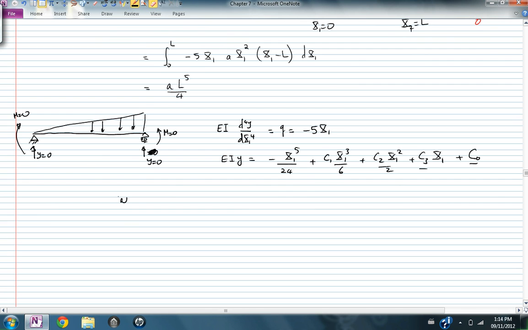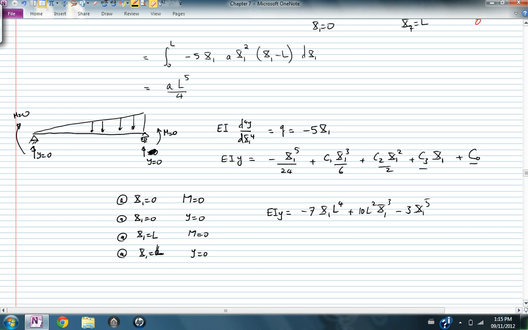The boundary conditions are: at x1 equals 0, the moment is equal to 0; at x1 equals 0, the displacement is 0; at x1 equals L, the moment is 0; and at x1 equals L, the displacement is 0. 4 equations to find the 4 constants c0, c1, c2, c3, and you'll find that the displacement will be equal to negative 7 x1 L power 4 plus 10 L squared x1 cubed minus 3 x1 power 5, divided by 72, and the moment is the second derivative of this displacement.